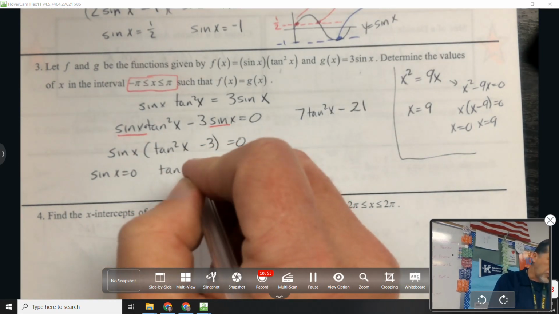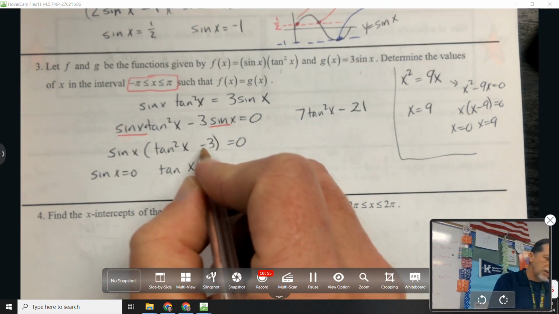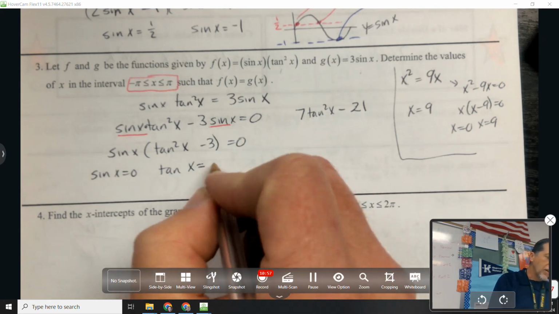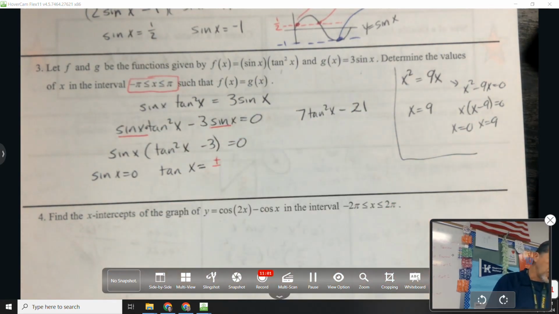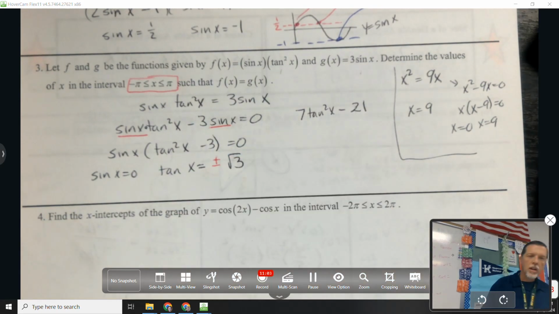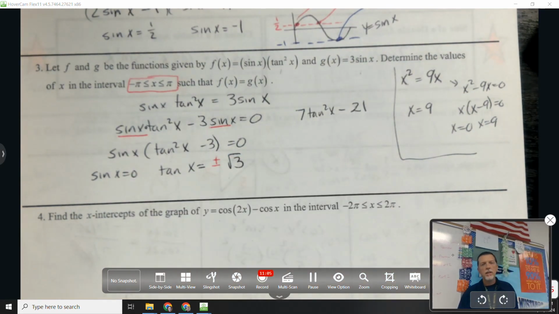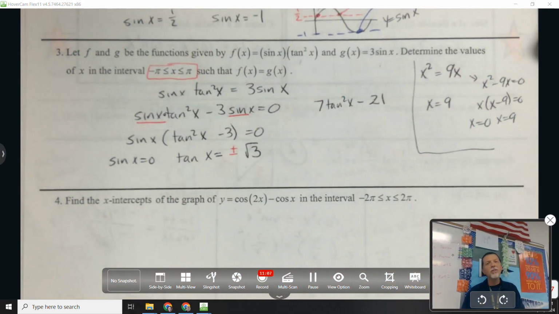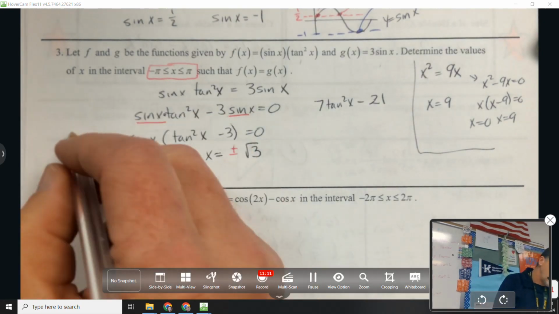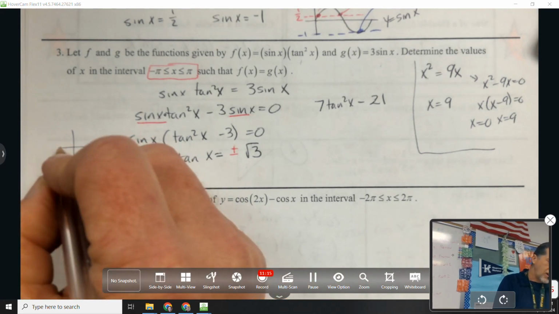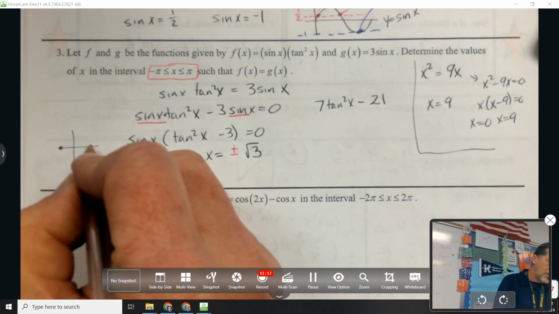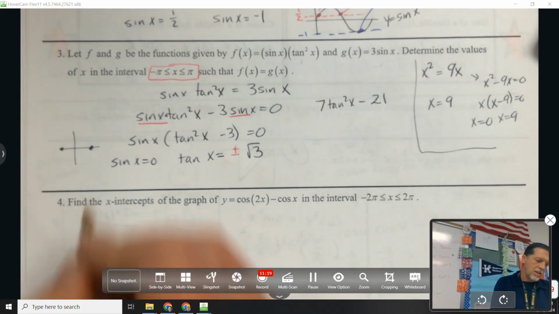And the second one would be tangent of x equals, move the 3 over, square root both sides. Don't forget the plus or minus. And again, my brain thinks unit circle. If your brain thinks graph, go for it. So sine of x equals 0 there and there.